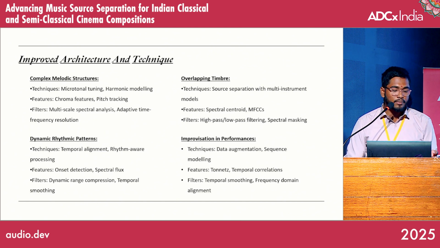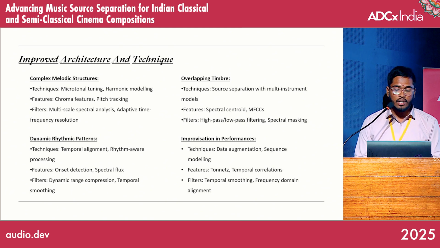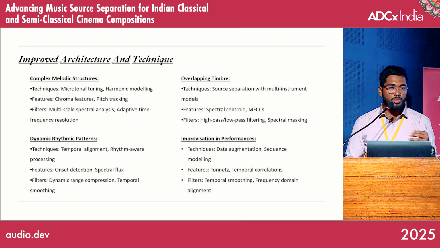These are techniques like improving the melodic structure modeling and handling overlapping timbre. Using these techniques, we have suggested some filters also. By using these techniques, the same Spleeter model can also perform well for Indian classical instruments.